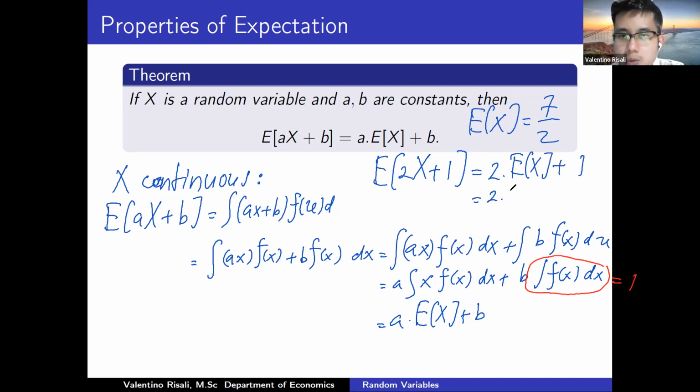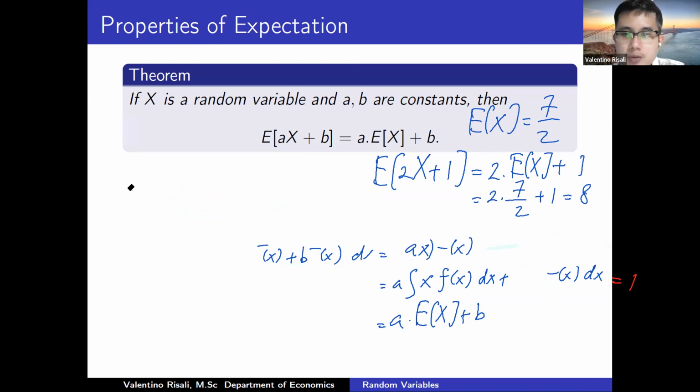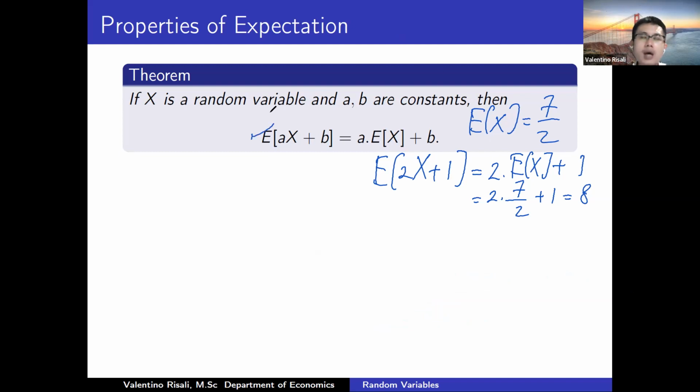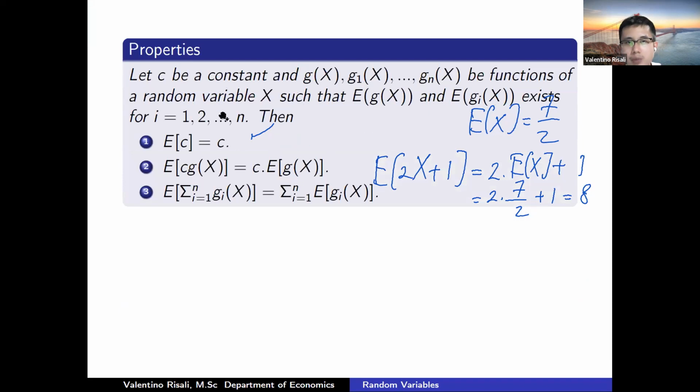It is 2 times 7 divided by 2 plus 1, and it is equal to 8. We can compute another expectation by this formula, as long as we know the quantity of E[x]. It is just a tool to help us compute another expectation.